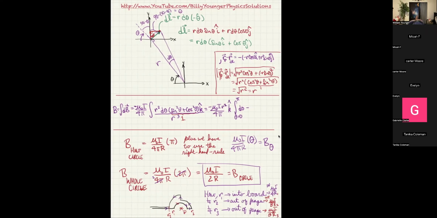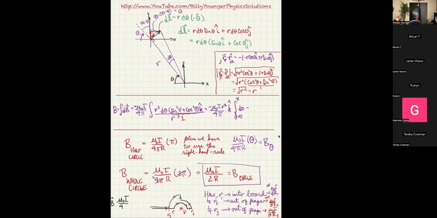Okay. Now, just in case no one actually got what the result would be, I'm going to say this result is mu 0 I over, all of these terms have a common factor of 4 in them. Some of them are 8, but some of them are 4. So I'm going to pull out the 4 as well.